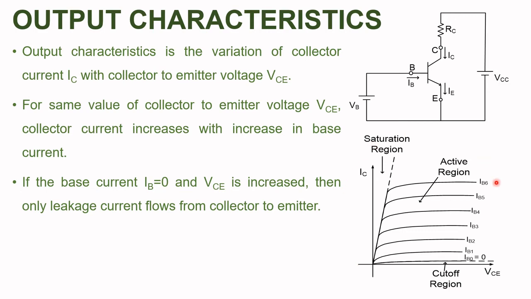For the same values of collector to emitter voltage VCE, the collector current increases with the increase in base current. If we select one particular value of collector to emitter voltage, then with increase in the base current, that is from 0 to IB1, IB2, IB3, IB4, IB5, IB6, we can see that the collector current values are going on increasing.